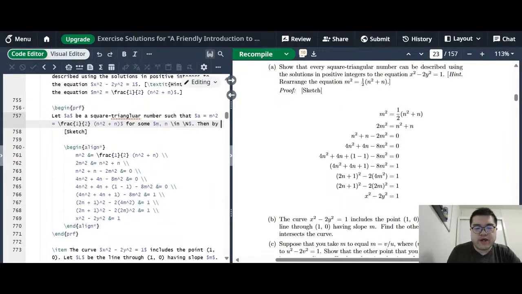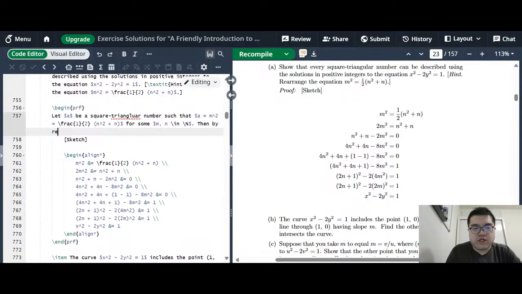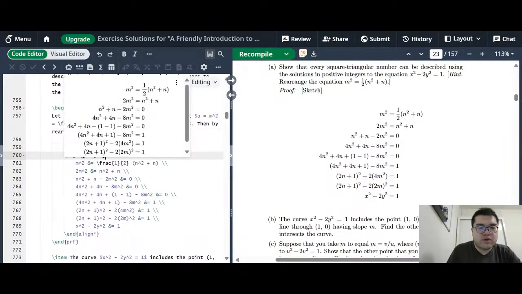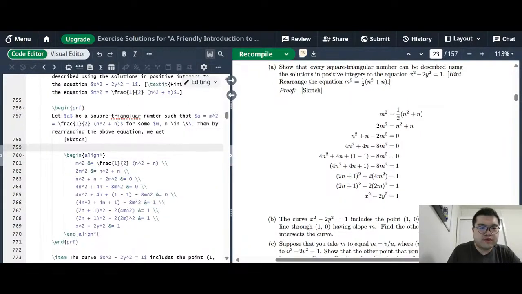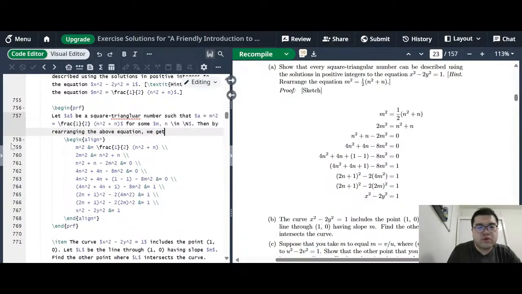Then by rearranging the above equation, we get, now here comes the sketch part. So we don't need this, and actually we don't need this either.